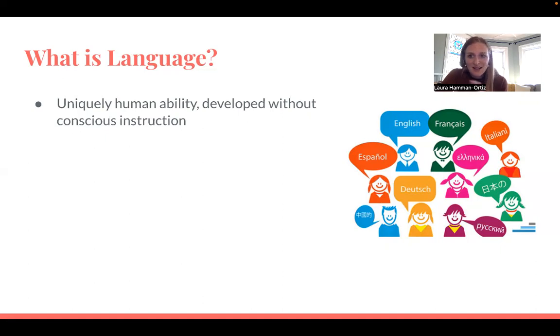And we know that the amount of direct instruction that children receive when they're learning a language can vary greatly, and yet all humans, barring some sort of cognitive disability, will learn how to speak a language. We know that animals can communicate, but the complexity of our language and the ways in which we use it to communicate is uniquely human.